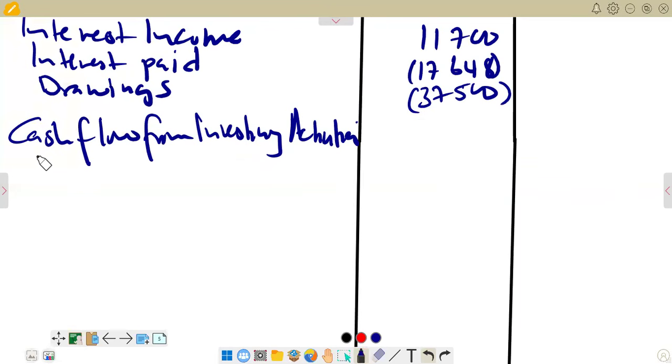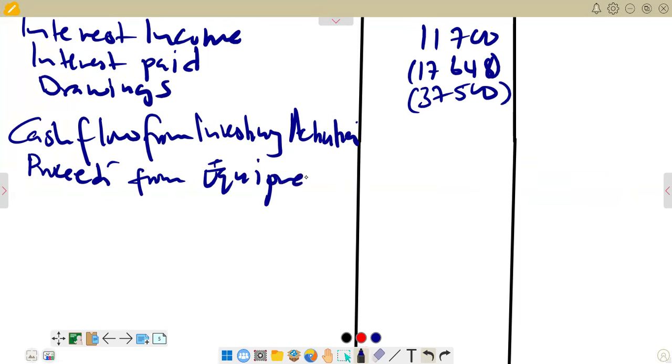So we are saying proceeds from equipment, and the figure that we have is 3,750.